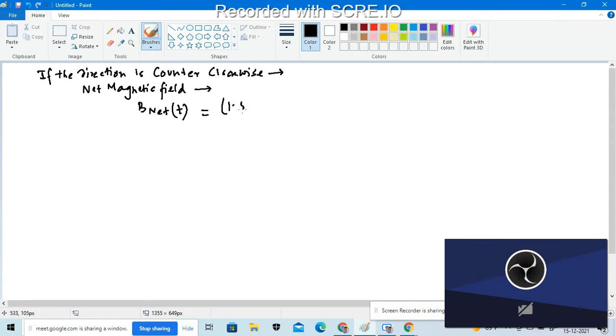1.5 Bm sine of omega t x vector minus 1.5 Bm cos of omega t y vector.